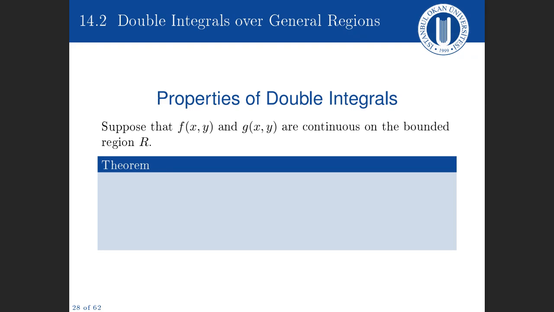I'm going to very, very quickly talk about some properties of double integrals. These should all be intuitive for you. There's nothing mysterious here. Let's suppose f and g are continuous on the bounded region R. The constant multiple rule: if we have some constant c, we can take it outside the integral.